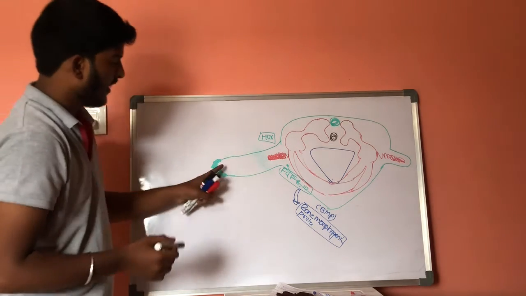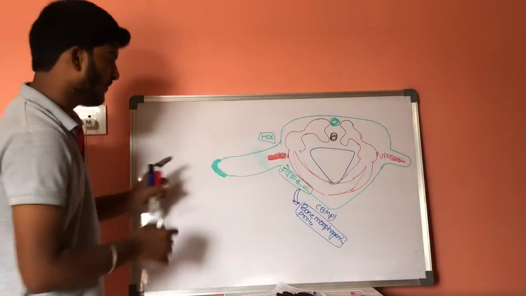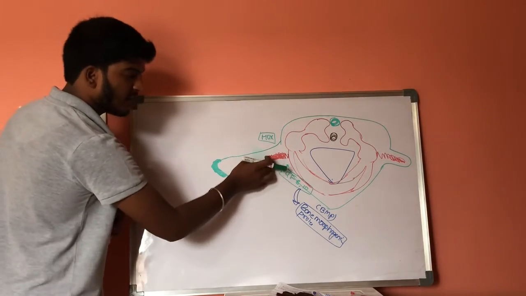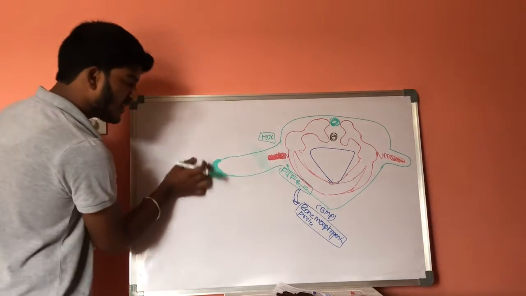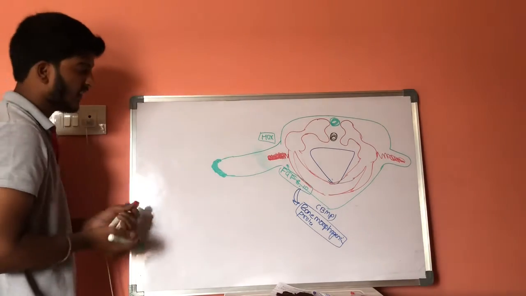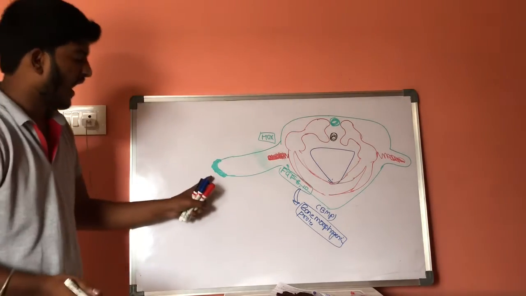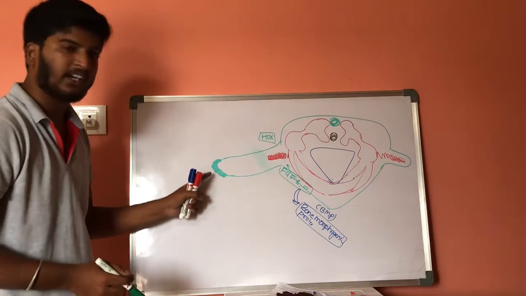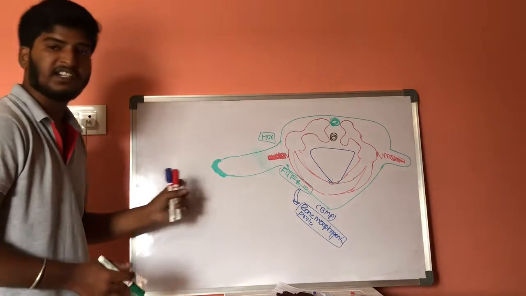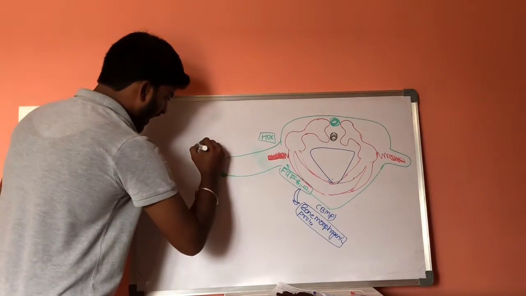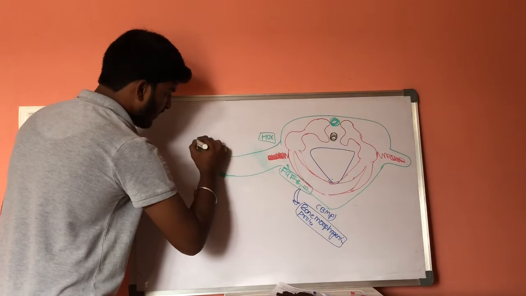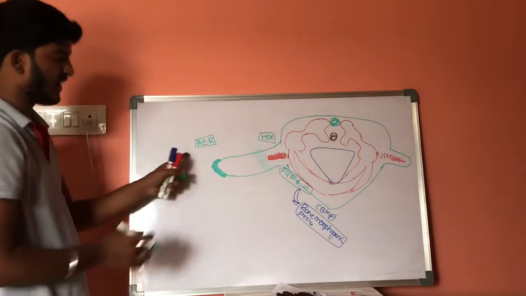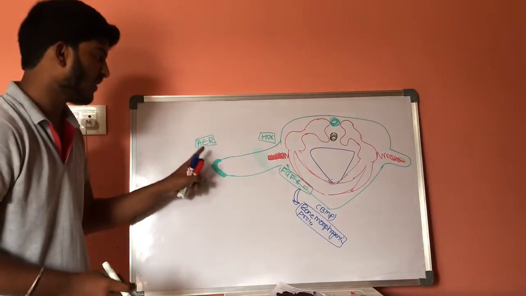Whenever it is moving apart from the somatic mesoderm, this special thickened structure is called the anterior ectodermal ridge, shortly written as AER.